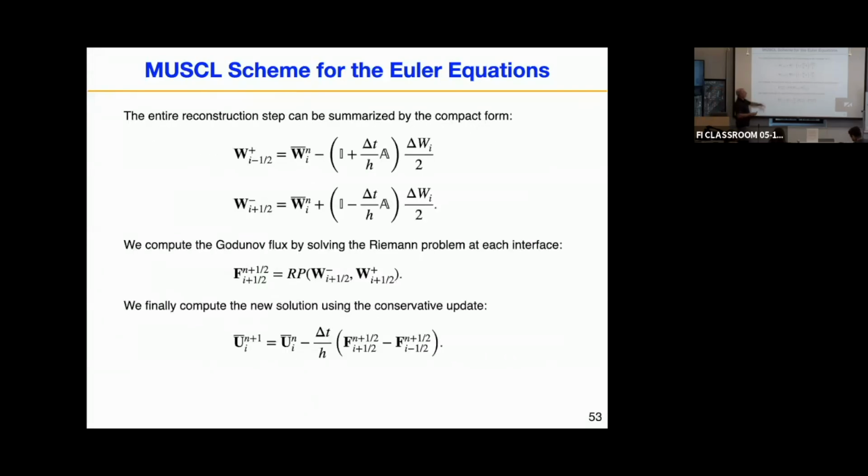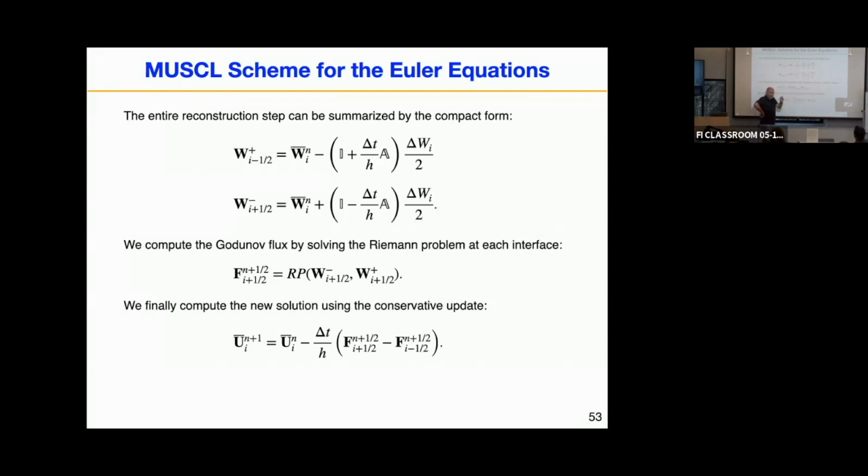Okay, so that's the summary, right? So that's the predictor step. So basically, you can combine what I explained earlier into one thing where A is the Jacobian matrix. So you have, and the deltas are the limited slopes. So you get the left and right face. And now you see that the left and right states of the Riemann solver are not cell averages anymore, right?